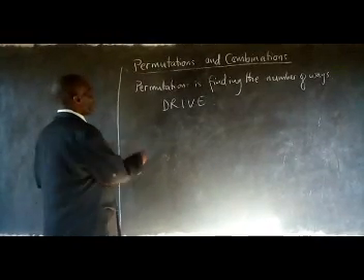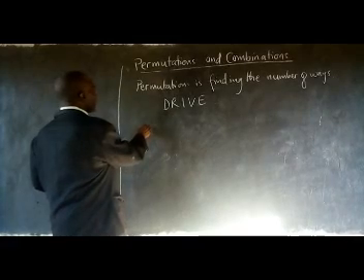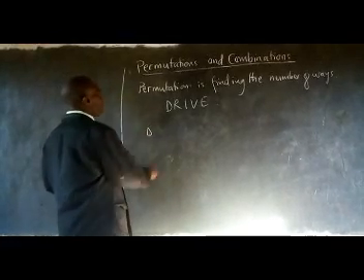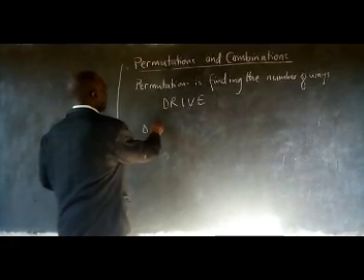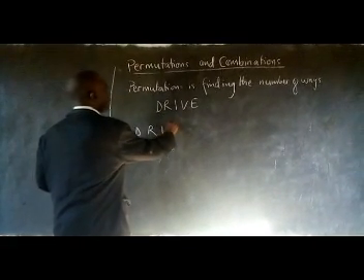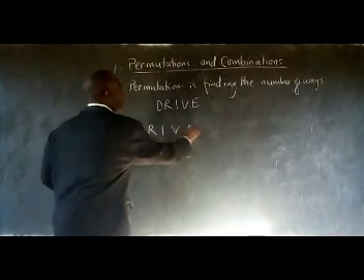For example, I can say we can have the first letter D followed by R, followed by I, followed by V, followed by E. That is one way.